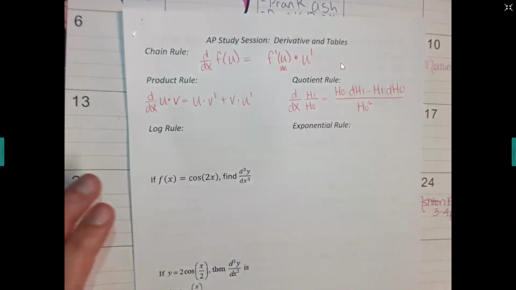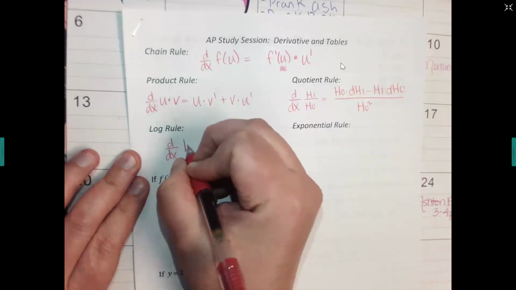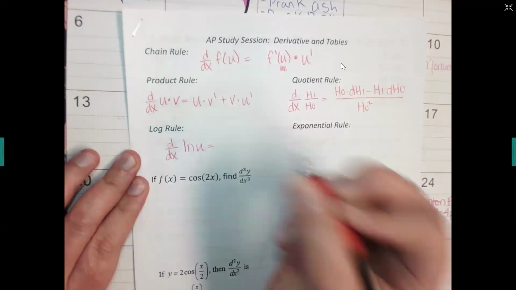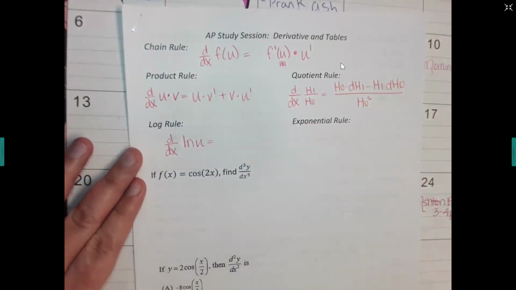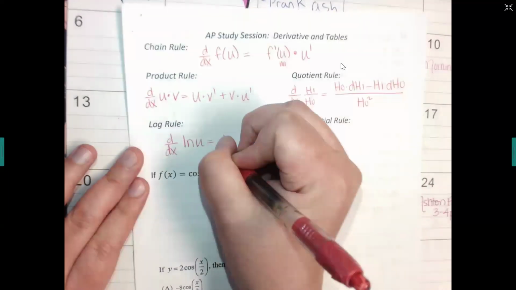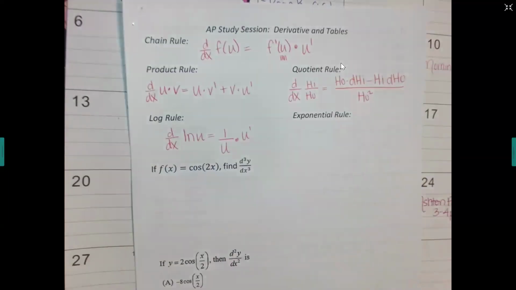Then for your logs, the derivative of, let's say ln u. It's in the derivatives tables packet. I love this. Okay, it's going to be 1 over u times u prime. Now remember, if it's just ln x, it just goes to 1 over x.